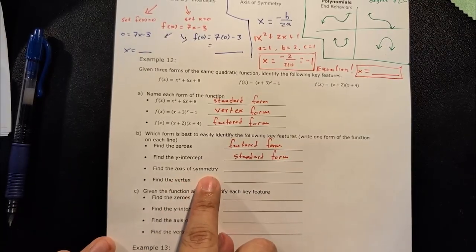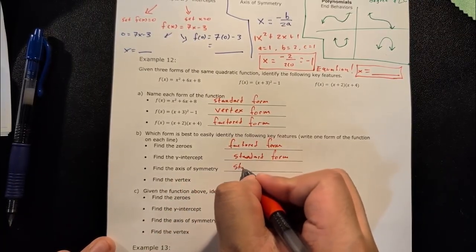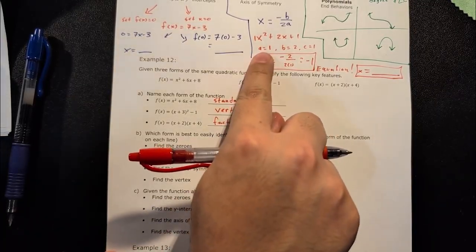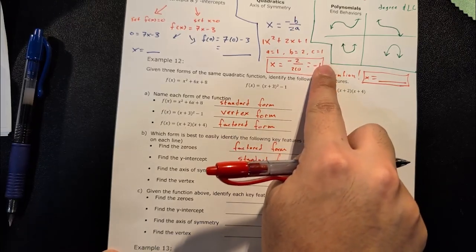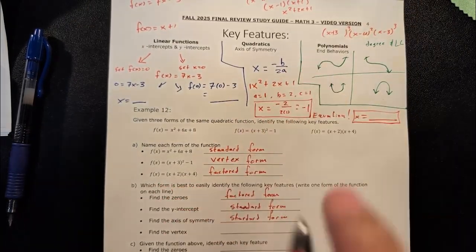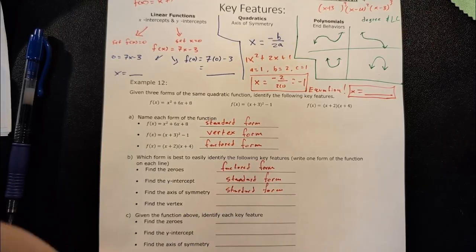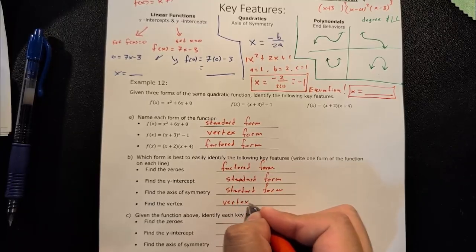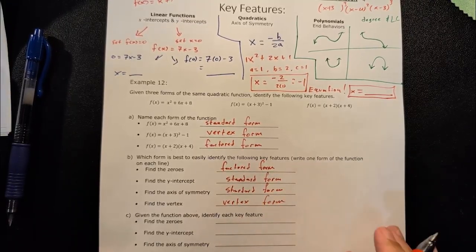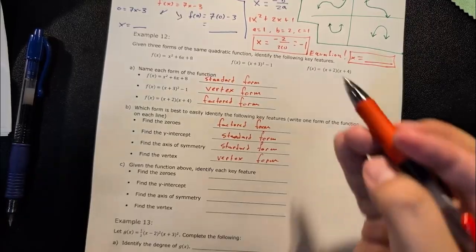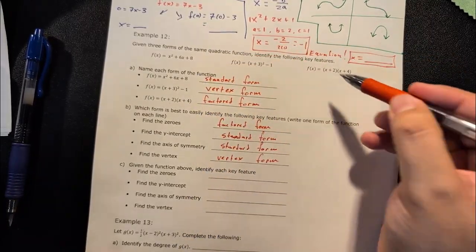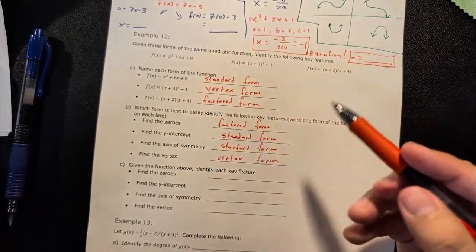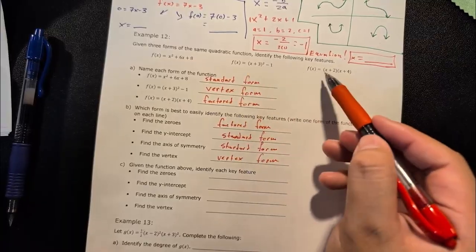And then finding the axis of symmetry, we use standard form as well, because we need to know what my A, B, and C values are, and that only comes out in standard form. And then the vertex is where we use vertex form.